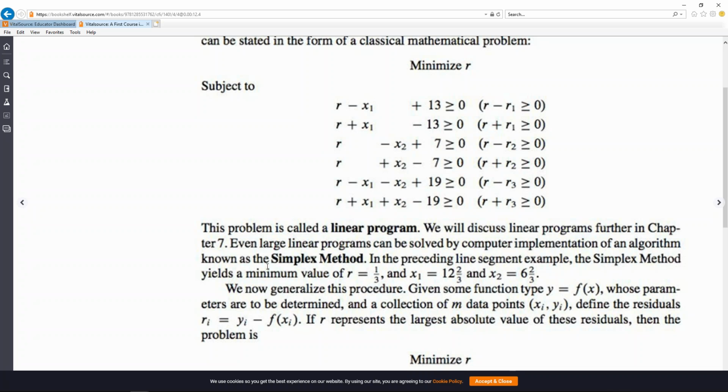And then in chapter 7, what we're going to learn is a method called the simplex method to solve a linear program so that we can get a minimized value of R, which happens to be R equal to 1 over 3, with the corresponding x1 and x2 being those two different values. Okay, so I just wanted to introduce you to what a linear program is.